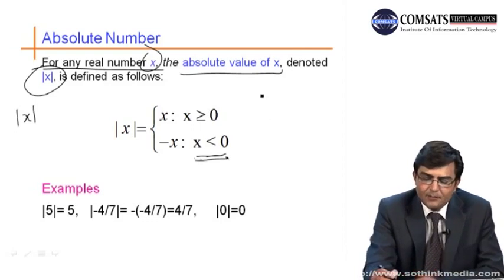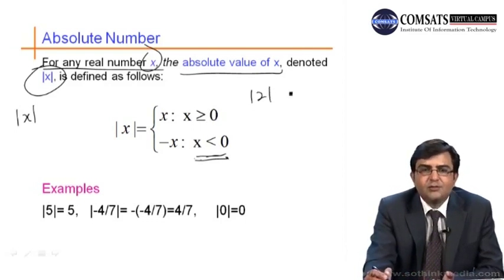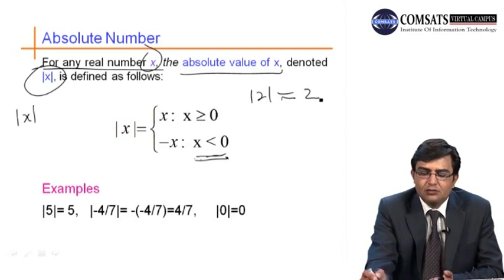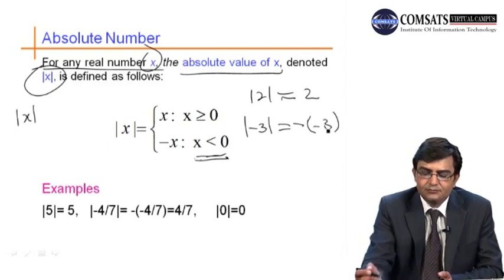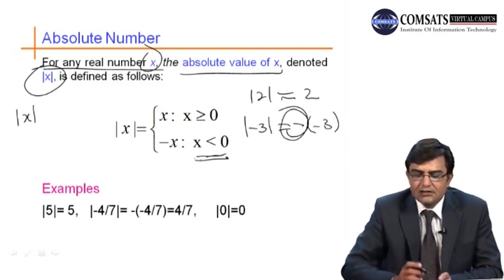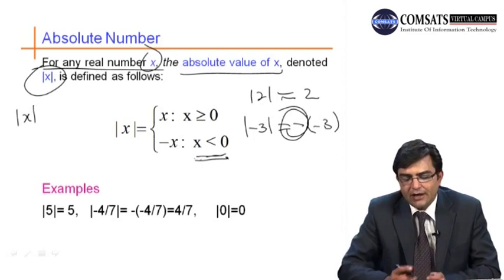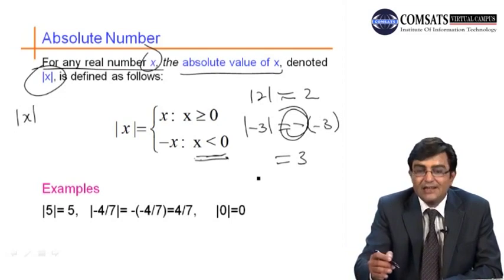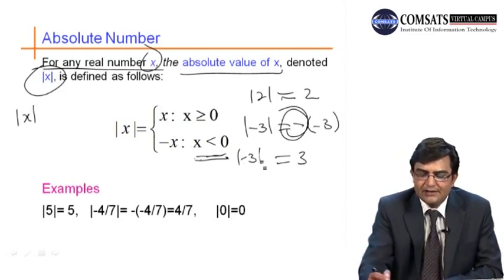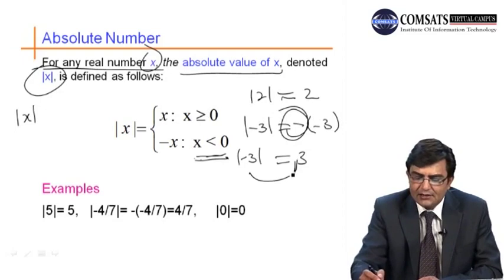For example, the absolute of 2: 2 is positive, so the absolute of 2 remains 2. There is no change. Now if we take minus 3, what does the absolute function do on minus 3? It multiplies minus 3 by minus to make it plus. So minus of minus 3 becomes plus 3. So the absolute of minus 3 is basically plus 3.